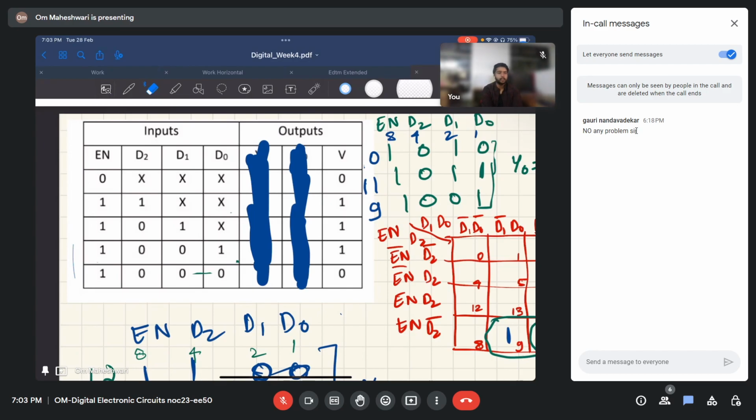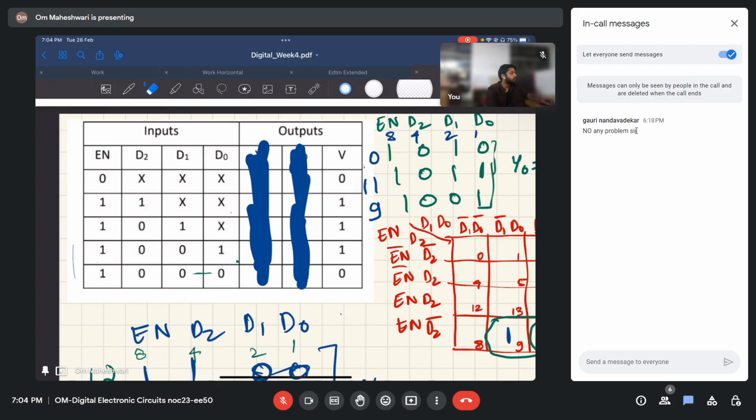If not, please let me know if there is any problem. Let me see who is here: Gauri, Mr. Jagannath Nayak, and Miss Hemlata.